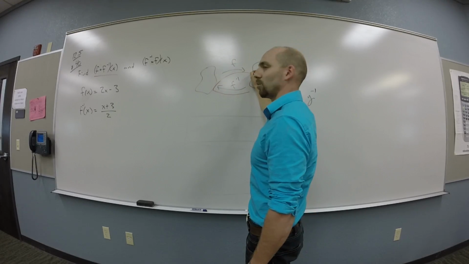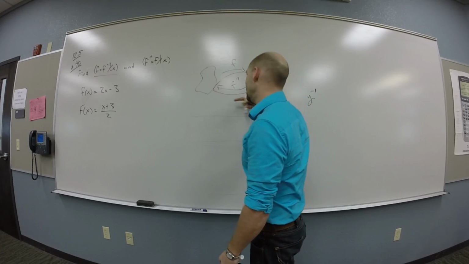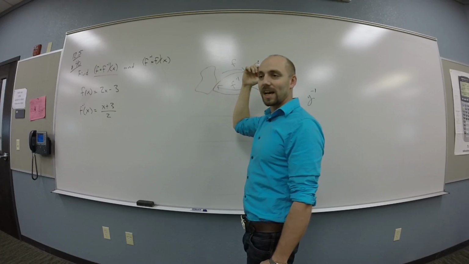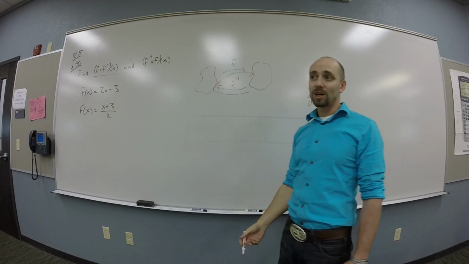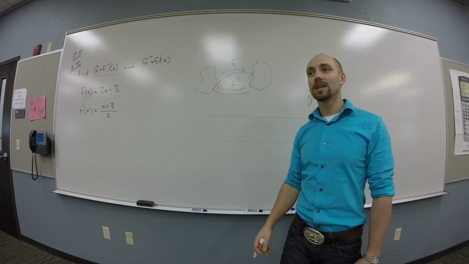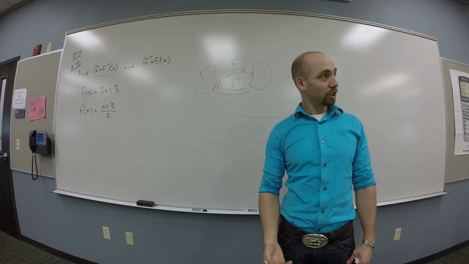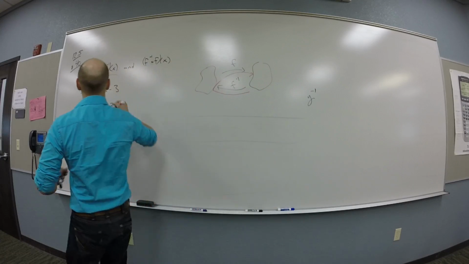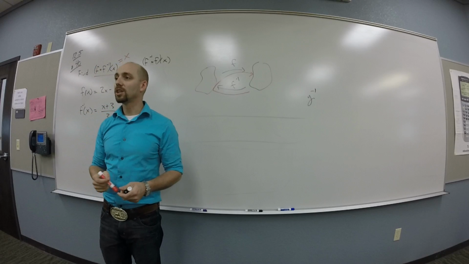That's this way. So I did a rule and then I undid it. What does that get me? It gets me back to where I started. What did I put in? I put in x, so I should get x back out. So this should just be x. Can't be anything else.